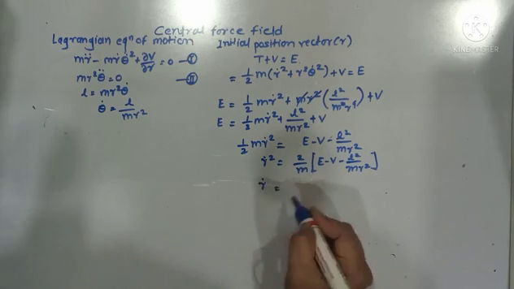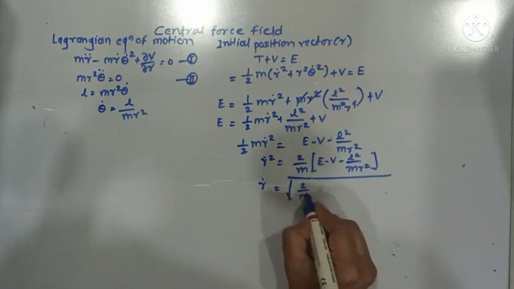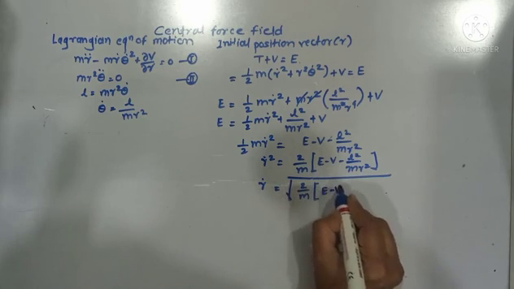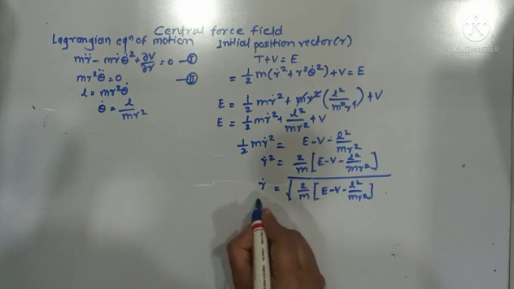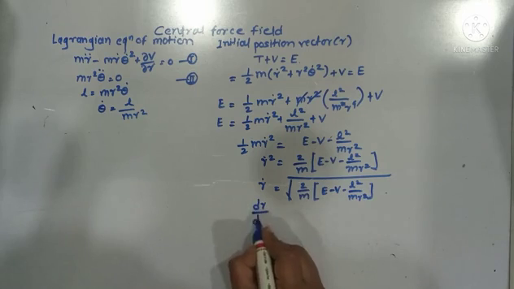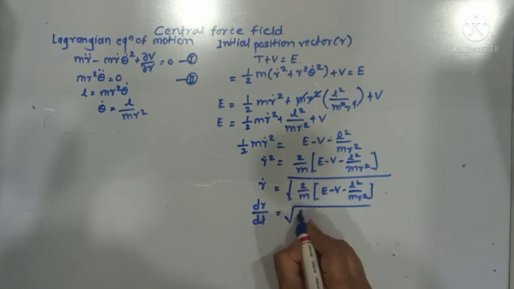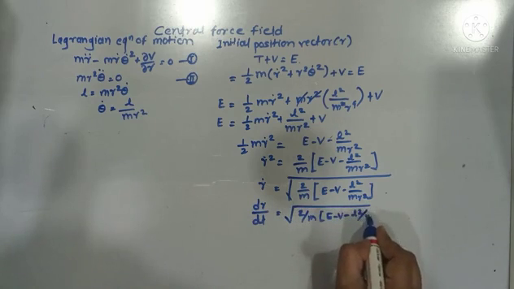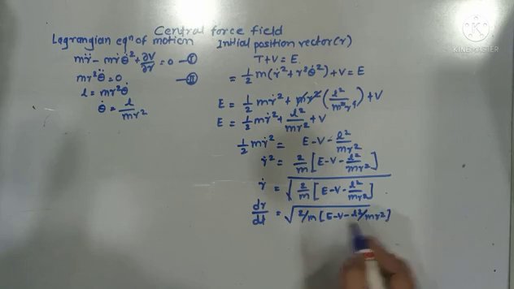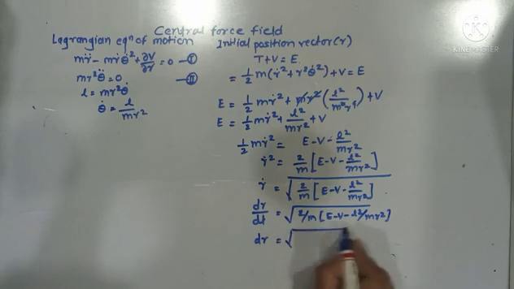And if I want r dot, the right hand side will be the square root of this whole term. As we know that r dot is nothing but dr by dt, which is equal to the square root of 2 by m times E minus V minus L square upon 2 m r square. So I can write dr is equal to the square root of this whole term multiplied by dt.